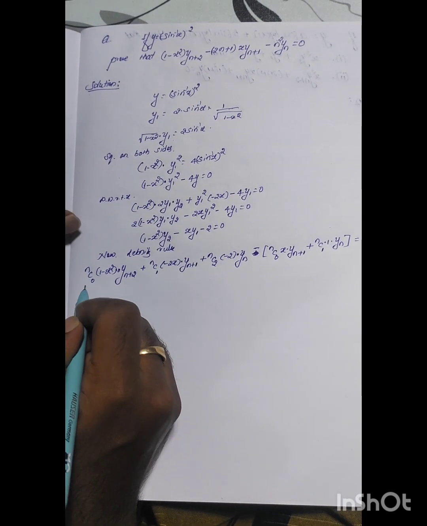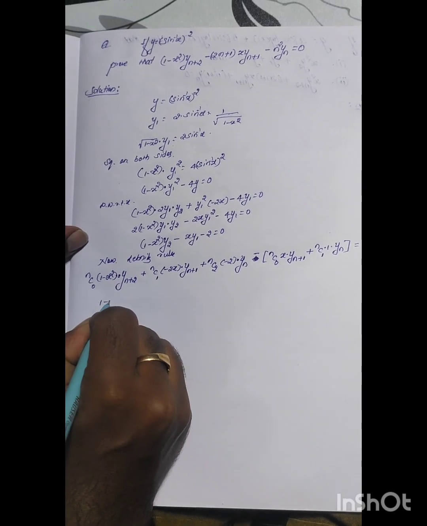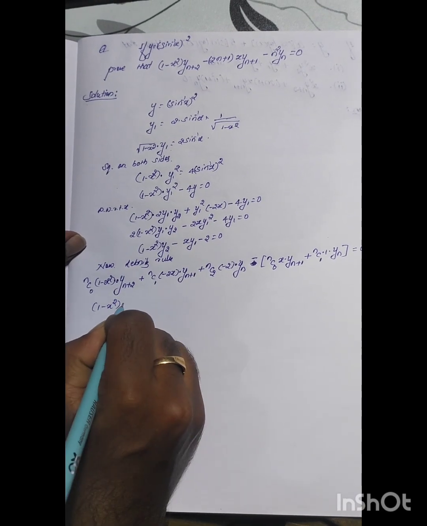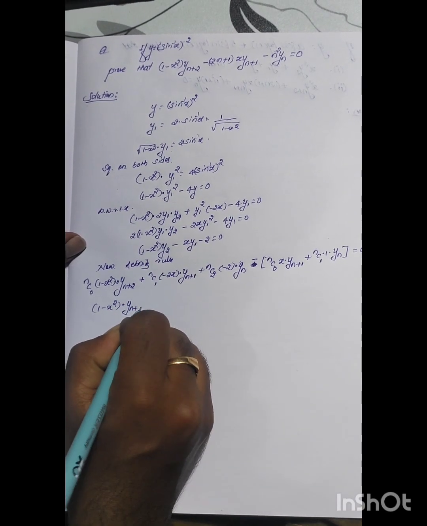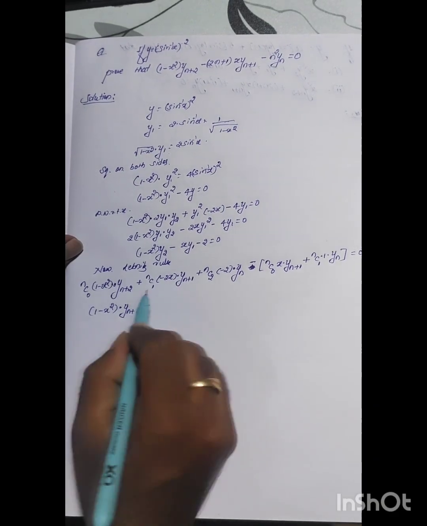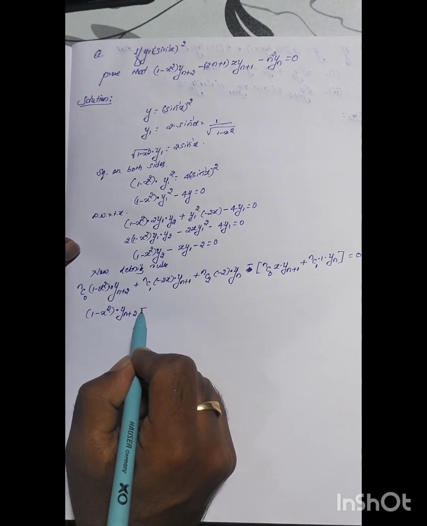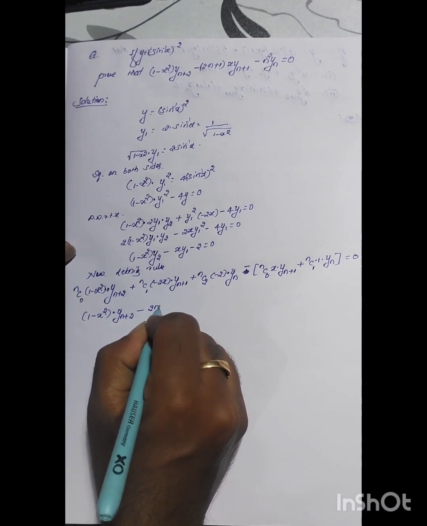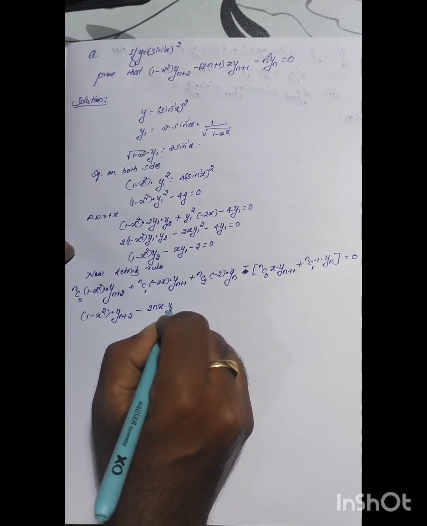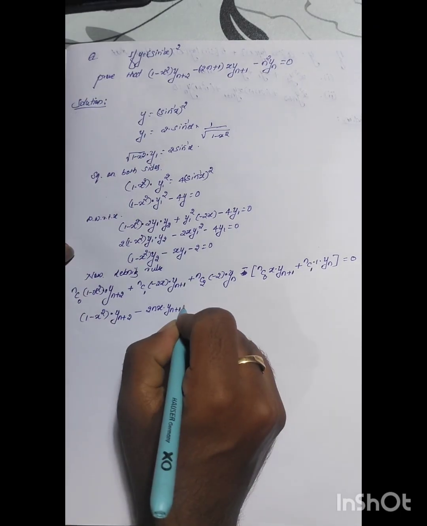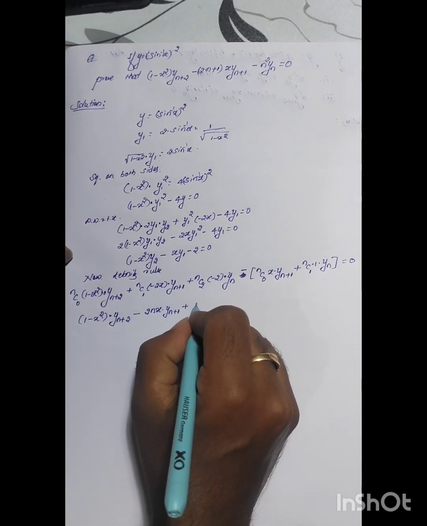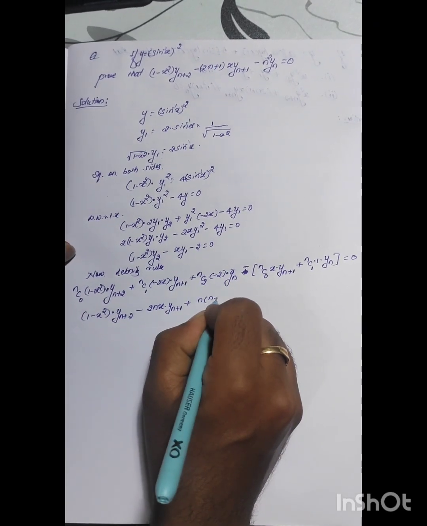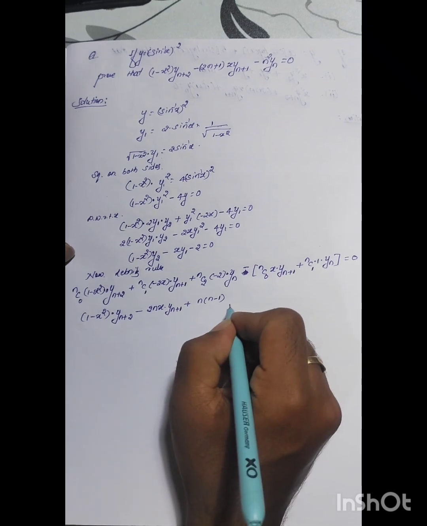So nc0 is nothing but 1, so 1 minus x square into yn plus 2 plus, see, if you see here minus is there, so I have taken minus n outside. nc1 is n, so this will become 2nx into yn plus 1, okay, plus nc2 is nothing but n into n minus 1 divided by n minus 2.